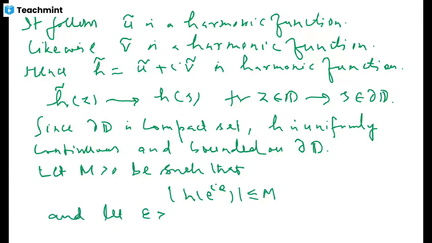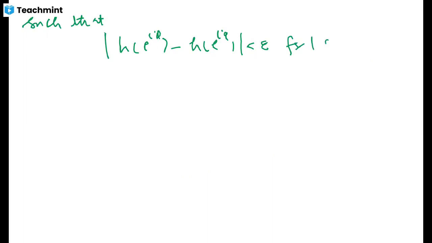Now using the uniform continuity, there exists some delta greater than 0 such that I will have |H(e^{iθ}) - H(e^{iφ})| less than epsilon whenever |θ - φ| is less than delta. This is the uniform continuity of this function.